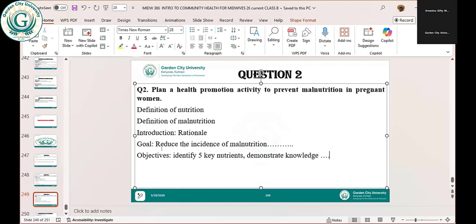And then lastly, commit to at least one dietary behavior change.